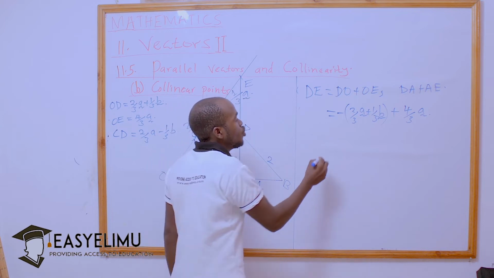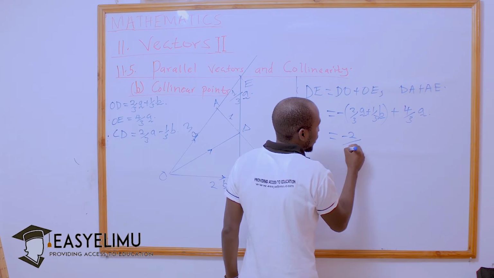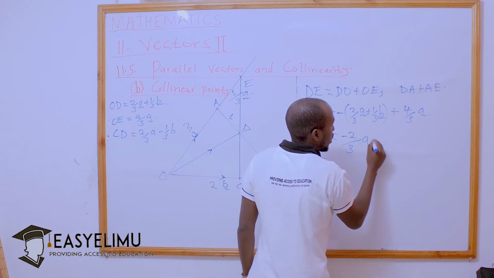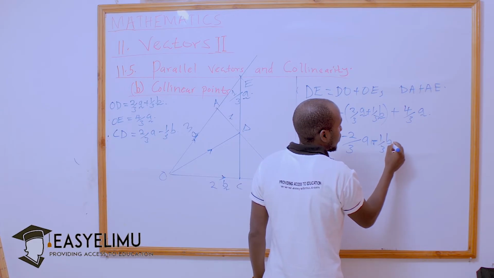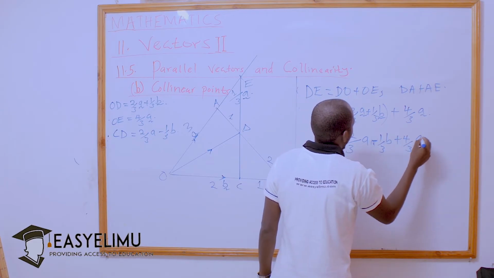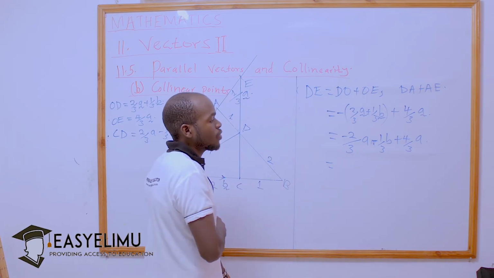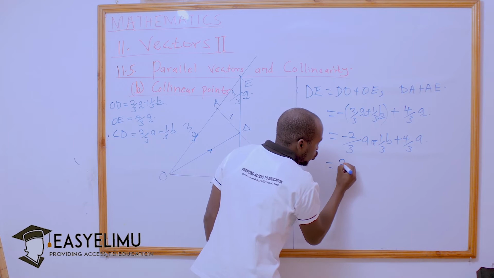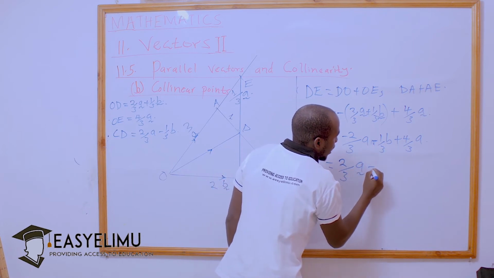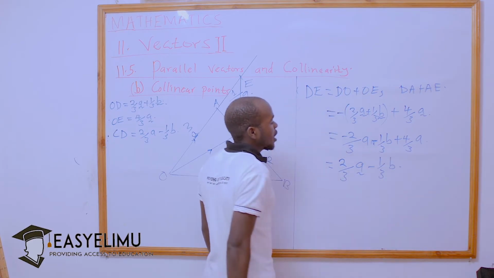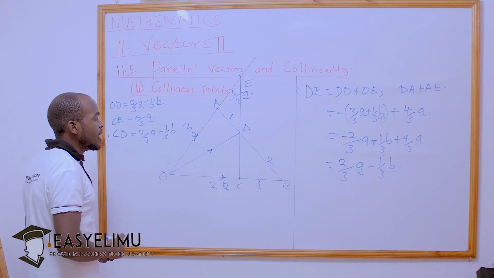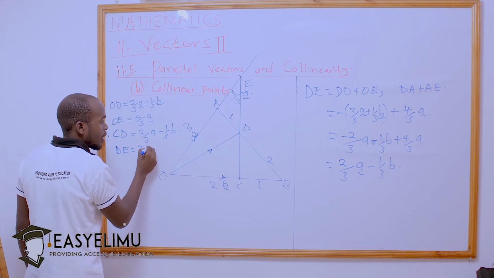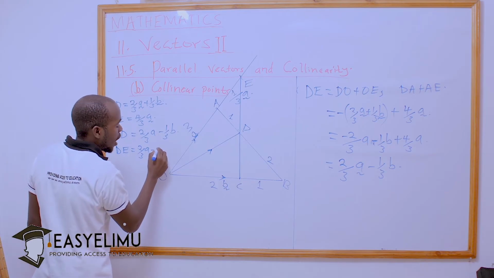On expanding the bracket, we have negative 2 over 3 A, and then we subtract 1/3 B because it's a negative outside, plus 4 over 3 A. Collecting terms, negative 2 over 3 A plus 4 over 3 A gives 2/3 of vector A, then you subtract 1/3 B. Meaning DE is equal to 2 over 3 A minus 1/3 B.